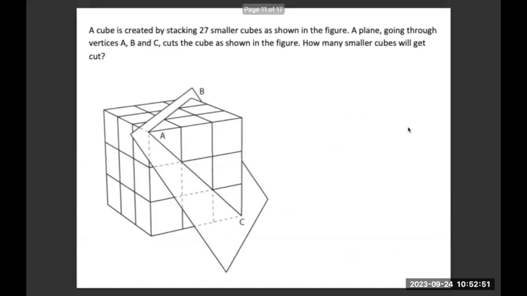Sorry for this. Now this cube is made up of 27 smaller cubes. A plane ABC is cutting the cube like it is shown here. What you have to guess is when the plane is cutting, how many smaller cubes will get cut?